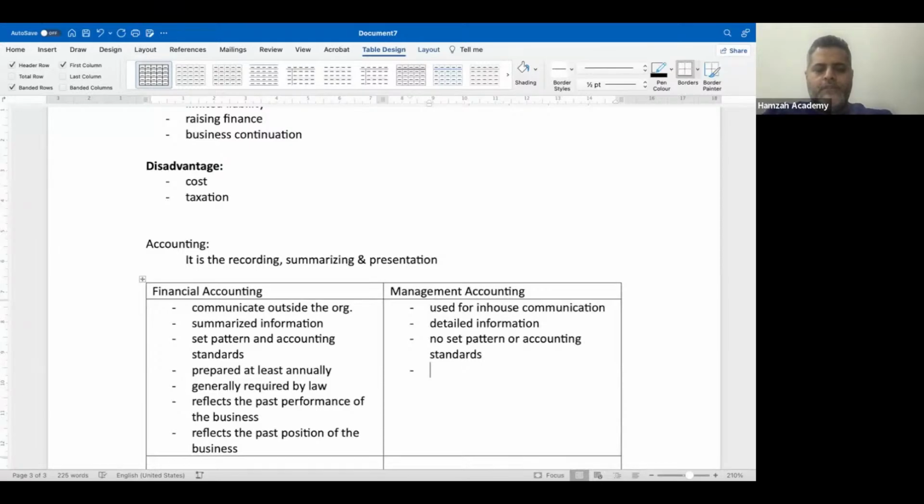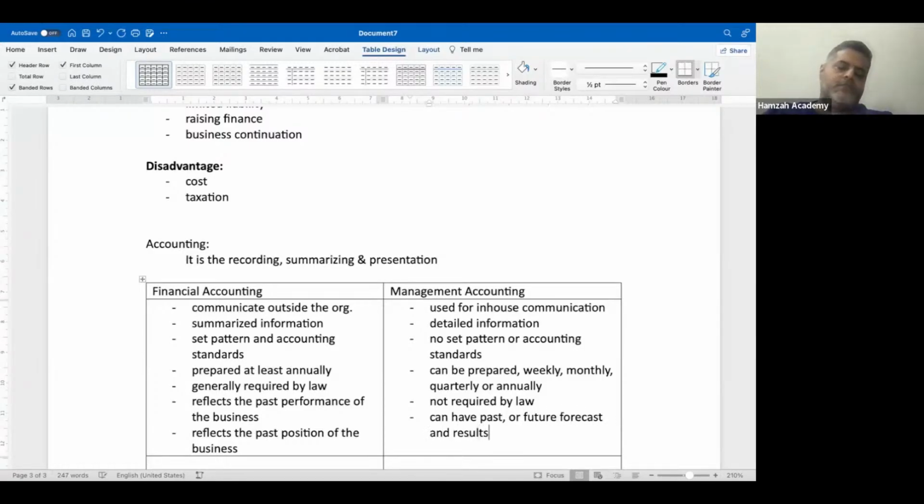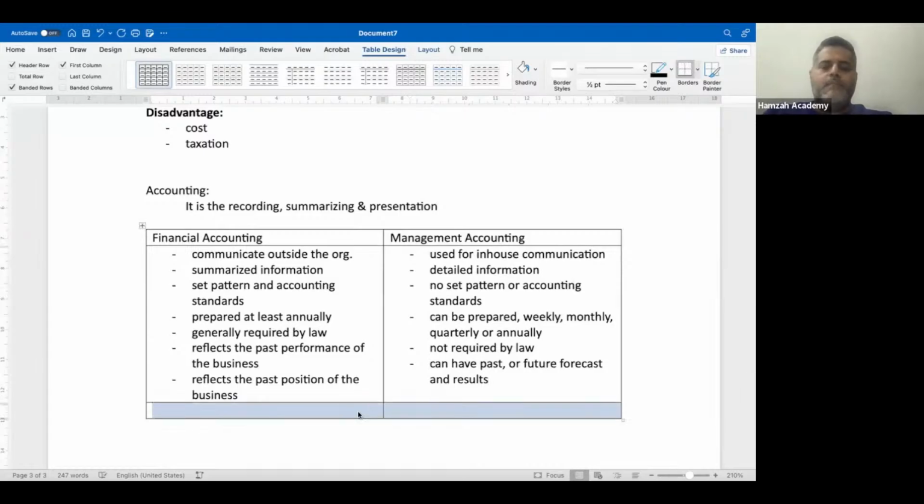It can be prepared weekly, monthly, quarterly, or annually, right? Not required by law, it can have past or future forecast and results as well. This is what management accounting is, right?